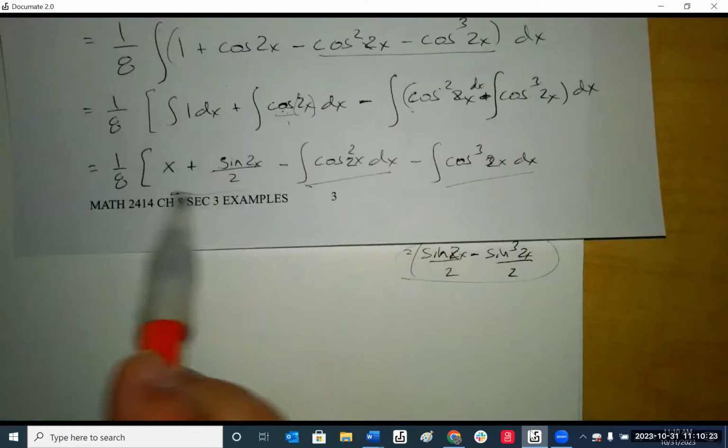Because we have the first part with the 1/8 in front of it.